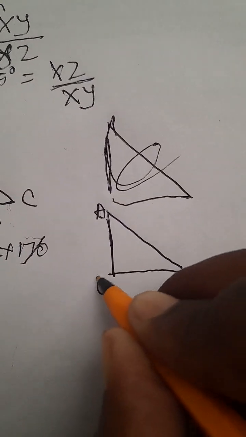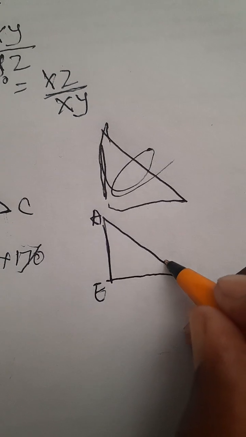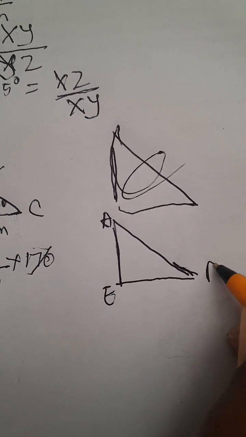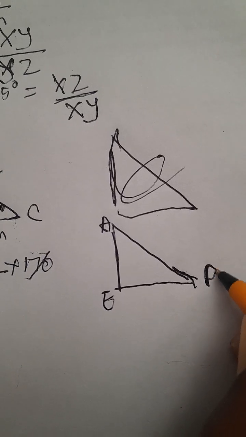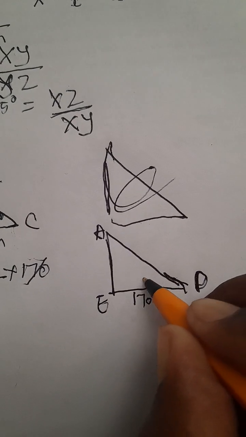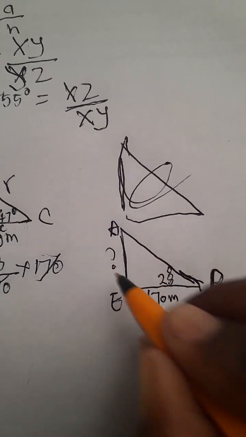Now you go to that diagram. The exam that we're doing, guys, is October, November 2022. So AE, and we have D here. What is nice is that ED is the same as 170 meters, and the angle D is given as 28, and the missing side is AE.